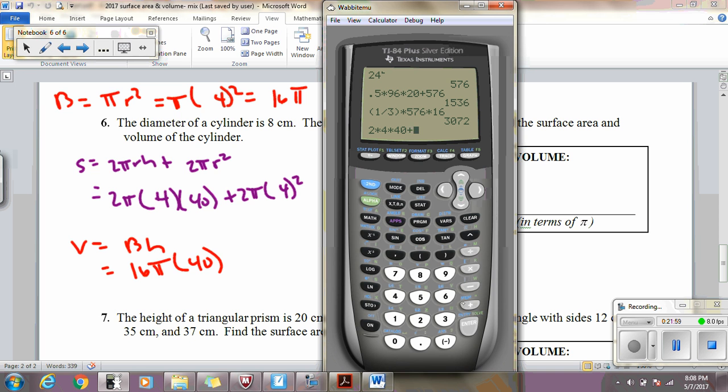Plus 2 times 4 squared. And that's 352. Now for the volume, it's just the 16 and the 40, which is 640.